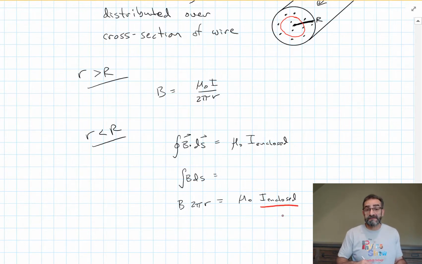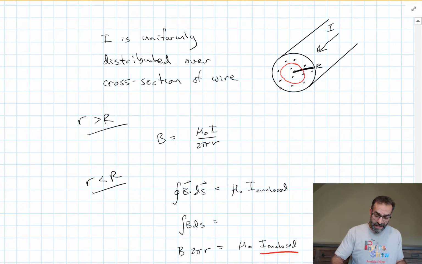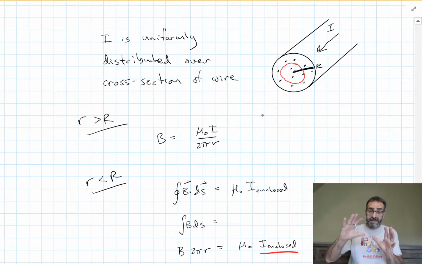is I enclosed. Let's figure out how much of this current is inside of our red circle. So we have a certain amount of current flowing down this wire, and it's uniformly distributed over the cross-sectional area of our wire.